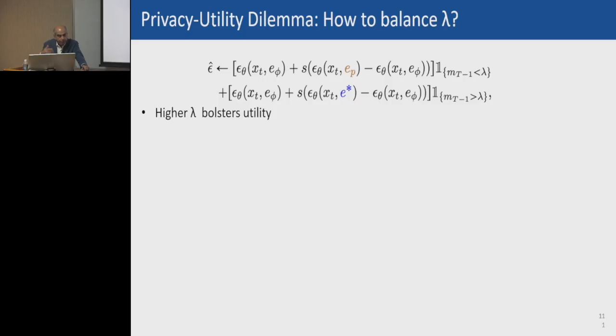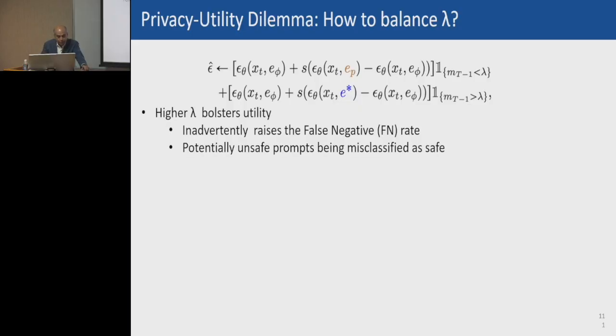That will improve the utility because that's what we want, the prompt is there. But the problem is we may get a false negative, okay? An unsafe prompt misclassified as safe will be generated, and that will be a problem, right? Also it will compromise the privacy because we are using memorization, which is a problem.